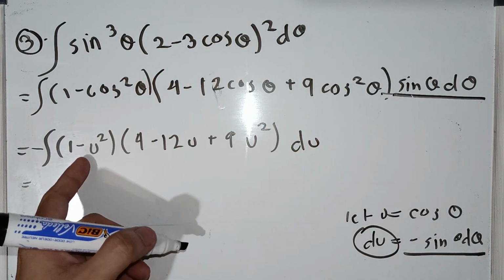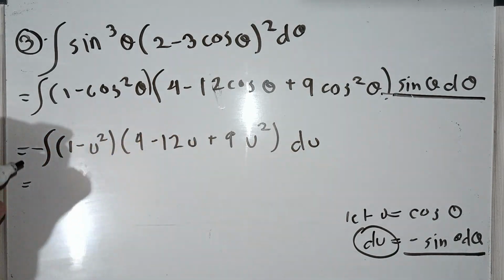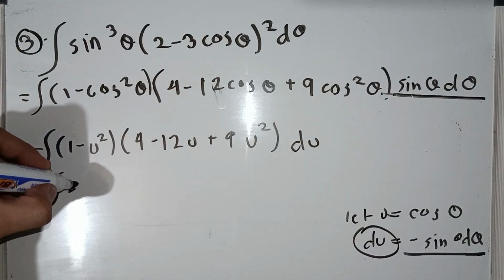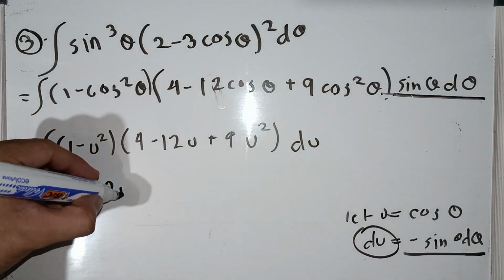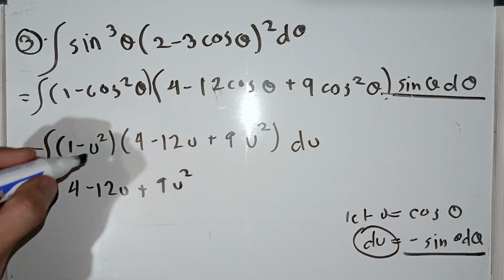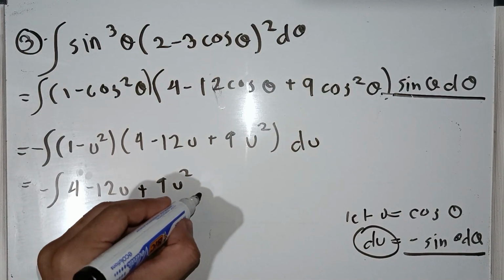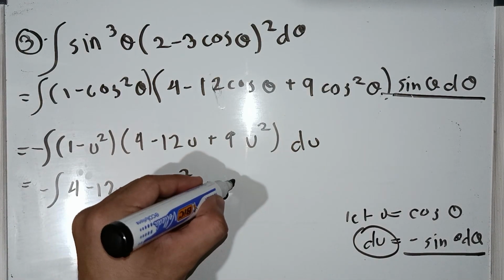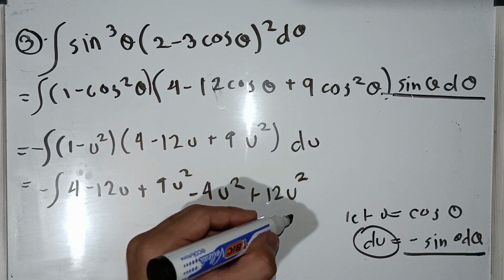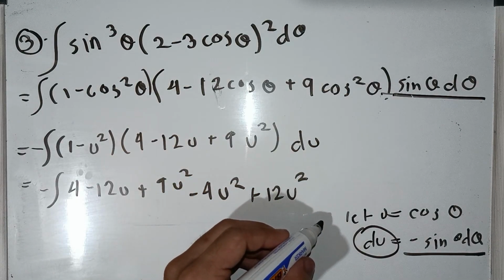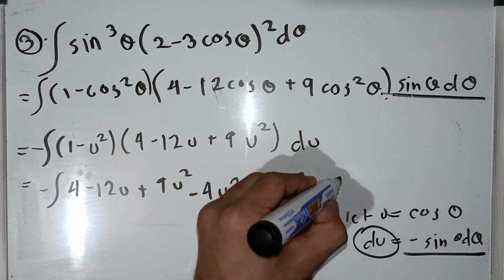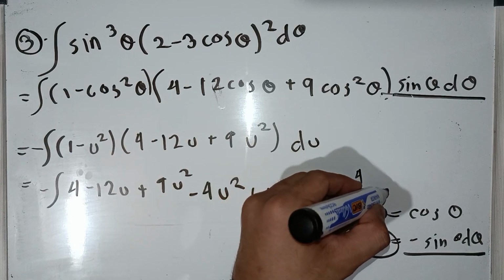In this part, we can multiply it together, so negative the integral of 1 multiplied by 4, so 4 minus 12u plus 9u squared, minus 4u squared plus 12u cubed minus 9u raised to 4 du.